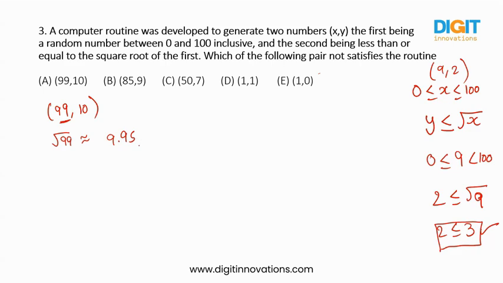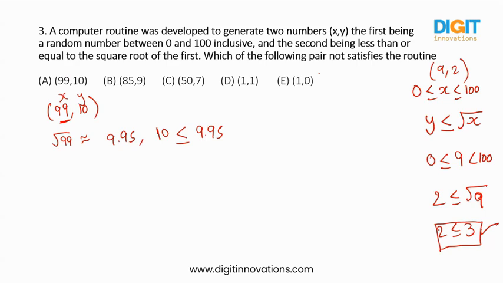So what is the condition? This is x value and this is y value. Y value 10 is less than or equal to 9.95. Is 10 less than 9.95? No. So the second condition is not being accepted. It doesn't satisfy the second condition.